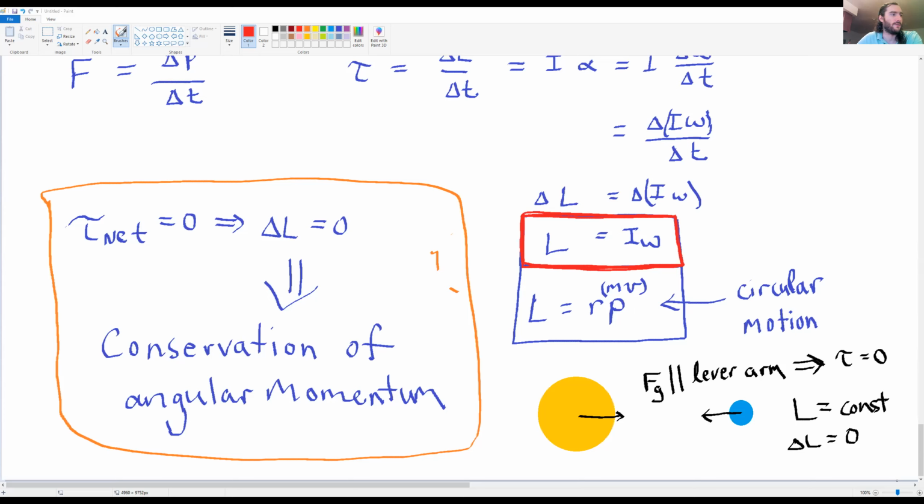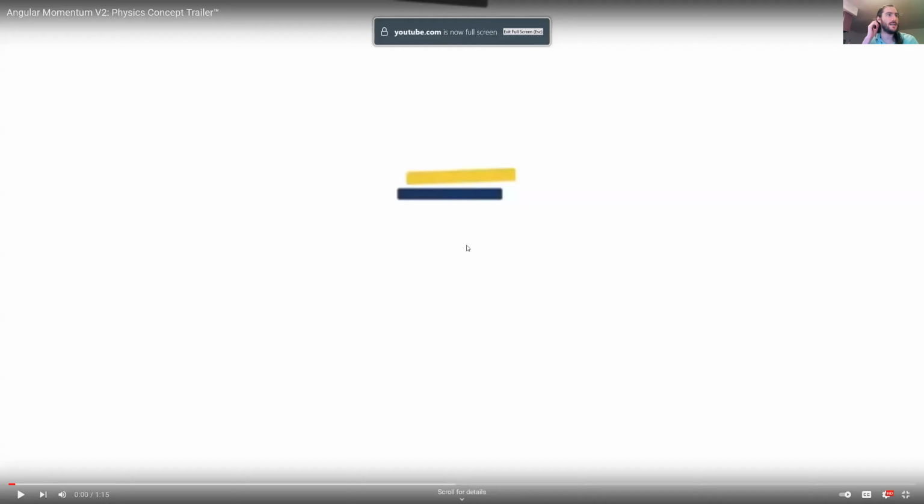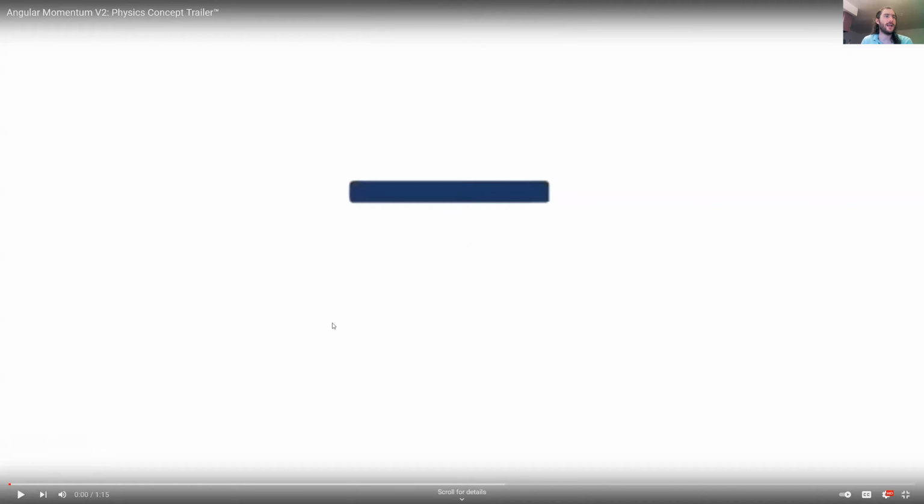Can everybody see the video when I full screen it? So the idea is angular momentum is moment of inertia times angular velocity.